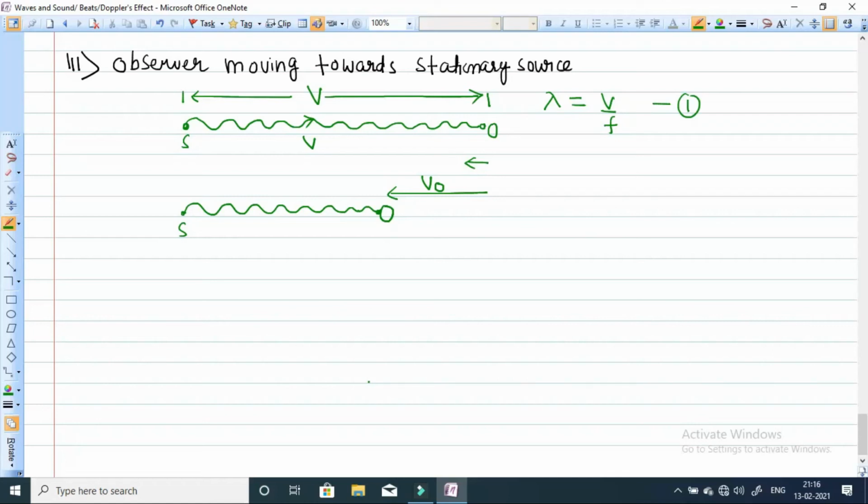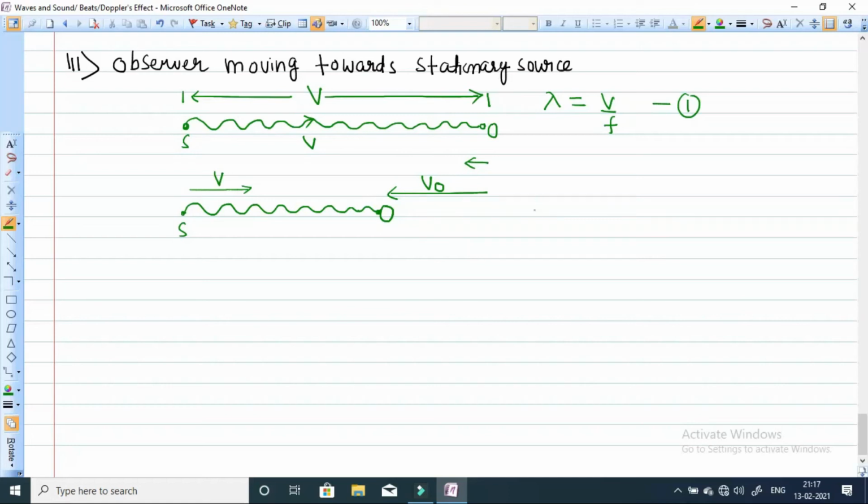So what will be the apparent frequency in this case? It will be equal to velocity of sound relative to the observer O. Now we can see both are moving opposite to each other. This is the direction in which the sound is traveling, V. Okay. And this V naught is the speed of the observer, which is moving towards the stationary source.